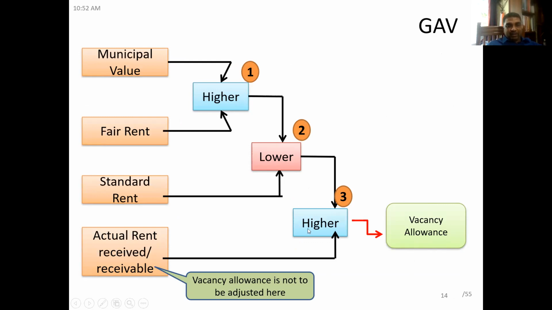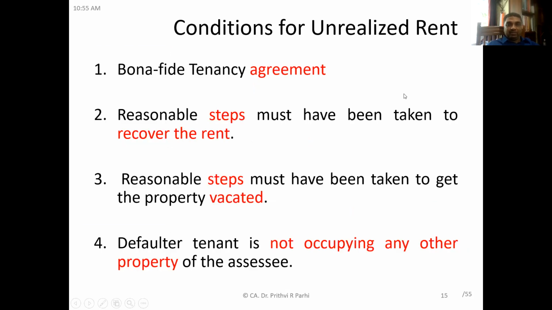Then compare it with the actual rent, whichever is higher, step 3. After that, vacancy allowance will be deducted. Vacancy allowance will not be deducted when you are calculating actual rent received or receivable. I think you have understood the concept.